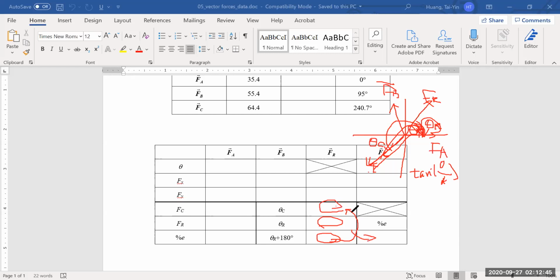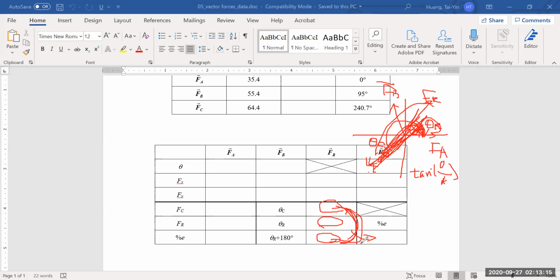So again, find the difference between these two angles and divide by the larger angle to get the percent error, okay? The reason why we have to flip theta R in the direction of theta C is that way we can find the difference, because they align along the same axis. So you have to flip one to the same direction to make the comparison.